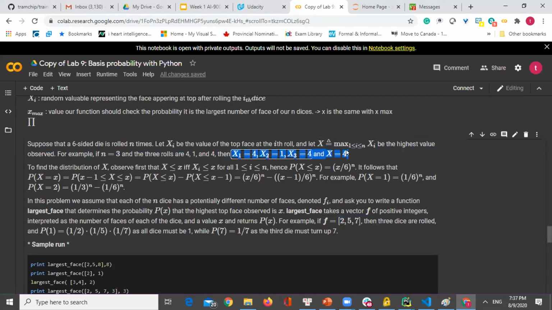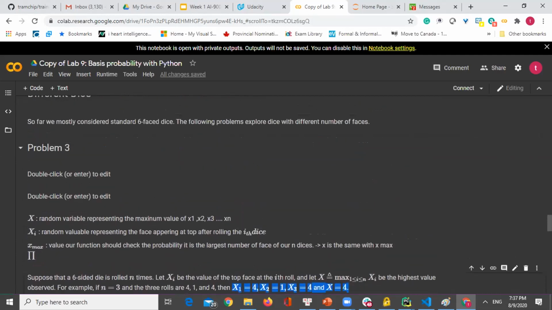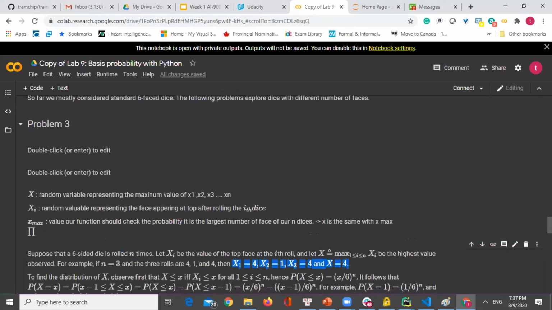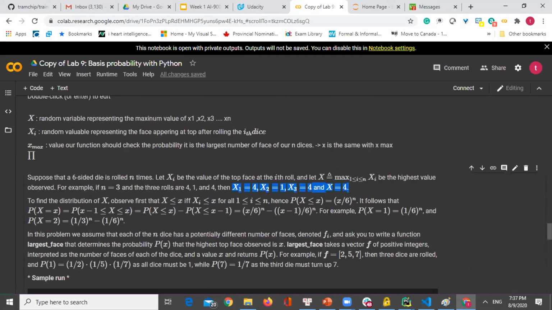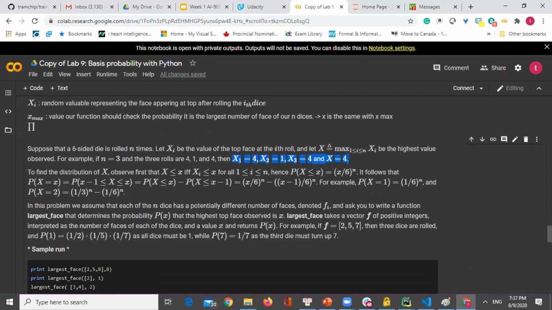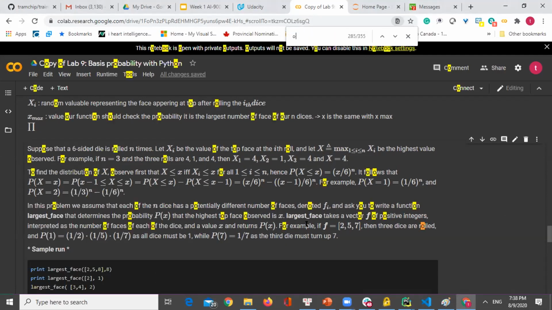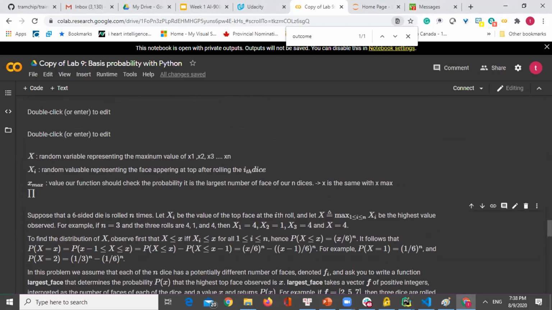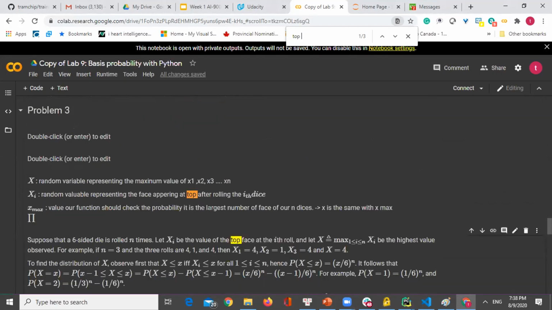This is the outcome, the value at the top face of the dice. Suppose that a 6-sided die is rolled n times. Let X_i be the value at the top face of the i-th roll. So we got a list of outcomes. The first outcome is the value at the top face of the first dice. The second is the value at the top face of the second dice, and so on.